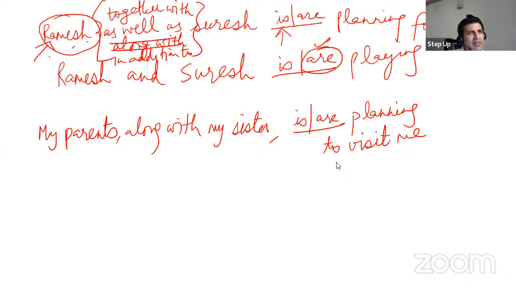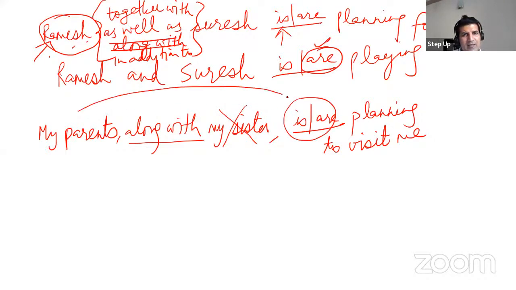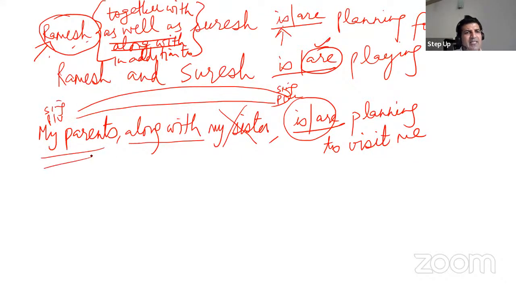Still people are confused. Some people are saying is, some people are saying are. See, what did I tell you? What is the logic? If it is "along with," or "together with," or "as well as," or "in addition to," this will not matter. The verb will be changed based on the first subject. Meaning, if this is singular, the verb will be singular. If this is plural, the verb will be plural. So because my parents is plural, it would be "are."